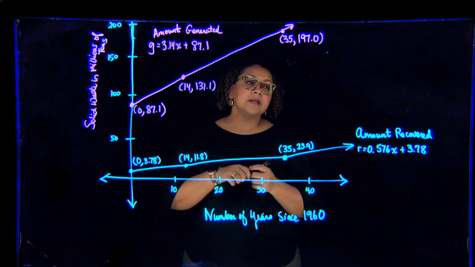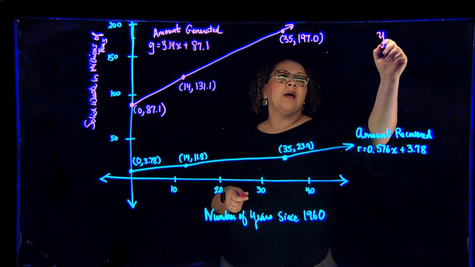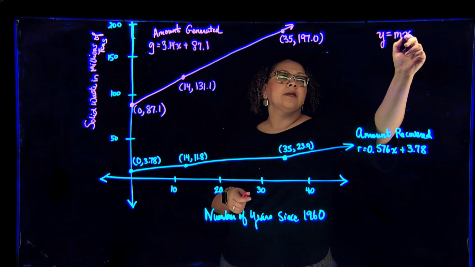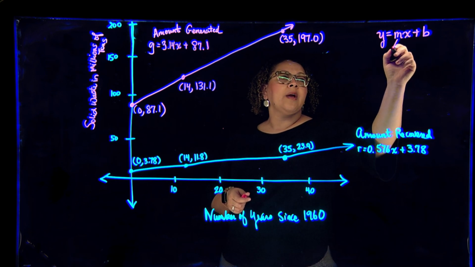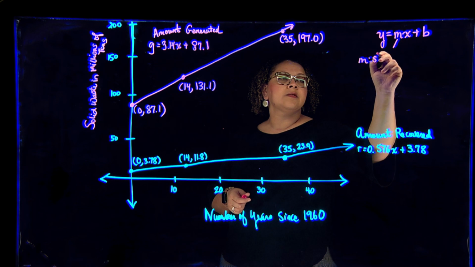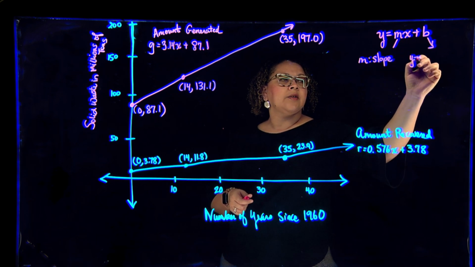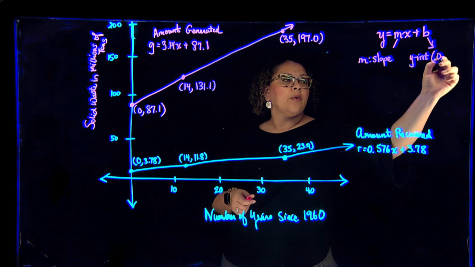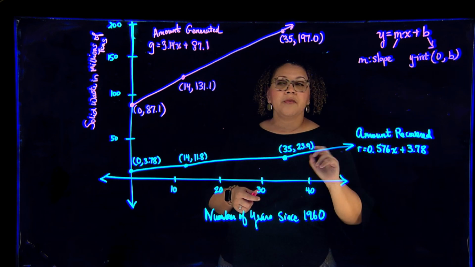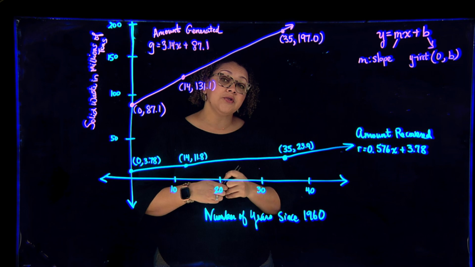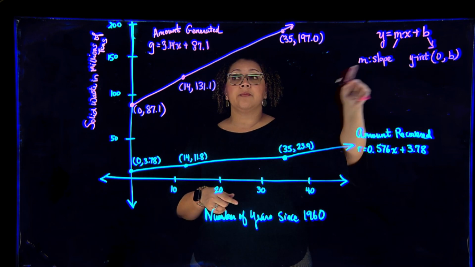When I say slope-intercept form, that means my line is in the y equals mx plus b format, where m is the slope of my line, and b tells me the y-intercept. So both of these equations are already given to you in slope-intercept form.